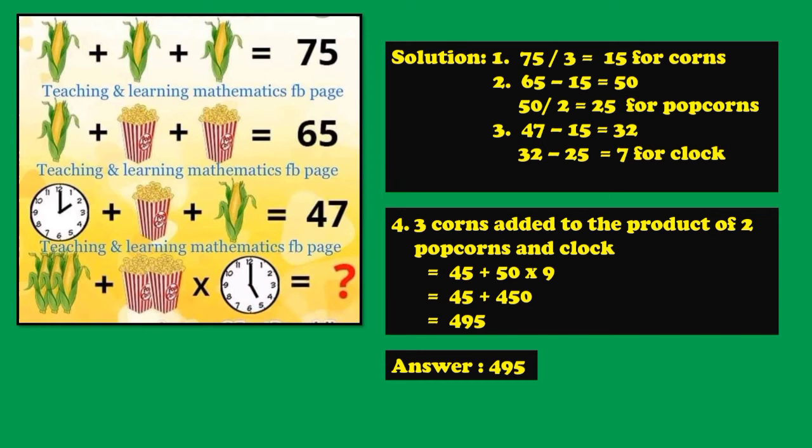And now in number 4 we have 3 corns added to the product of 2 popcorns and a clock. So 3 corns that we have is equivalent to 45, added to 50 because we have 2 popcorns, so every popcorn is equivalent to 25, so we have now 50 times 9 for the clock.